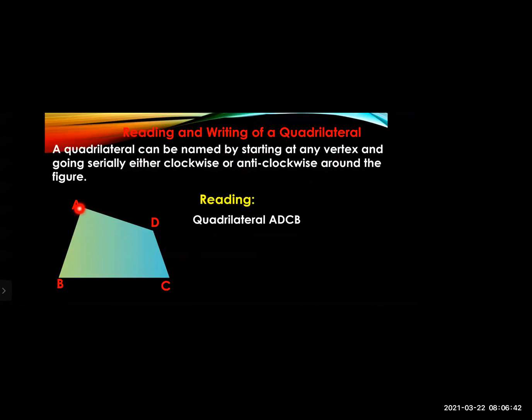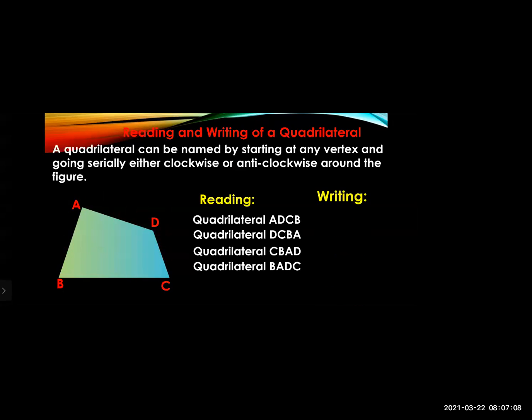Quadrilateral ADCB, then quadrilateral DCBA, then quadrilateral CBAD, then quadrilateral BADC. Like this you can read. You can start from any vertex and then continue reading.